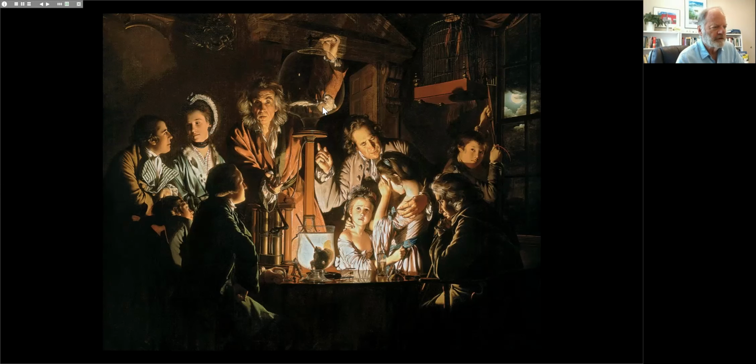This is being observed by a group of people. The first thing that one notices about this is the strong contrast of light and dark. And this is something that Wright of Derby experimented in many works. The dramatic lighting that takes place here around the experiment is echoed in the lighting outside.